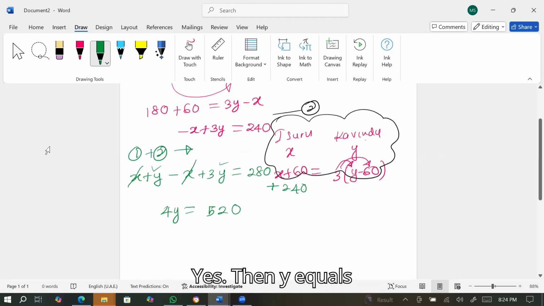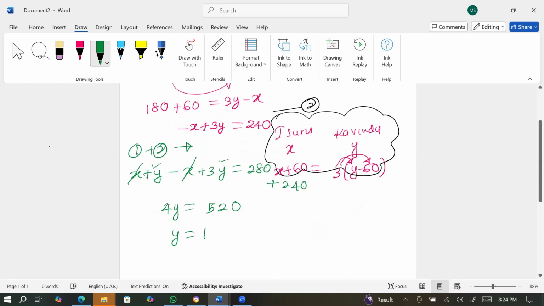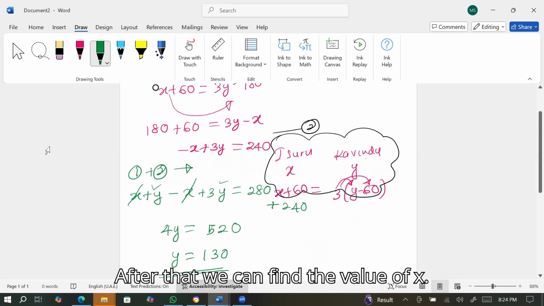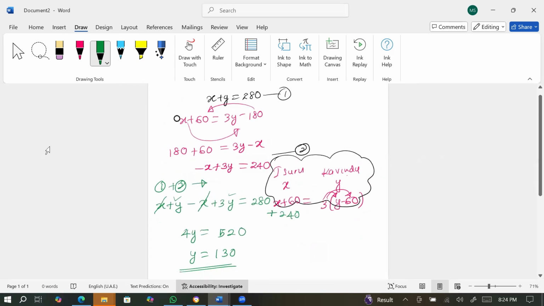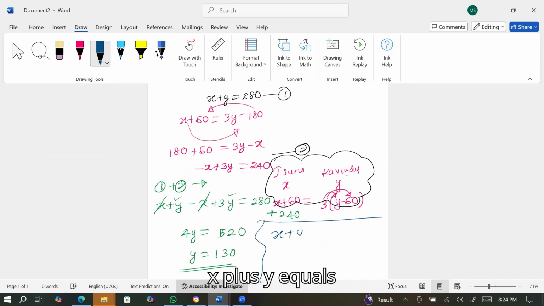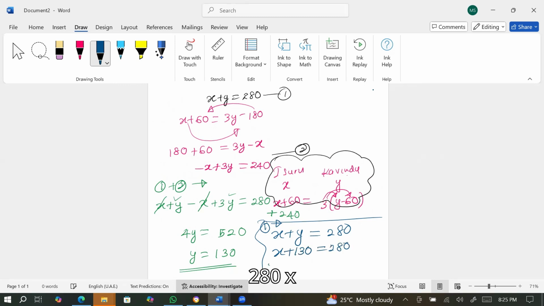Then y equals 130. After that, we can find the value of x. X plus y equals 280, the first equation. X plus 130 equals 280. X equals 150. Right? Okay, note this down and let me know once you finish writing.